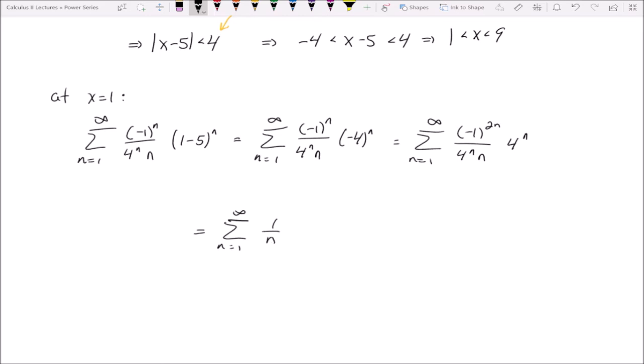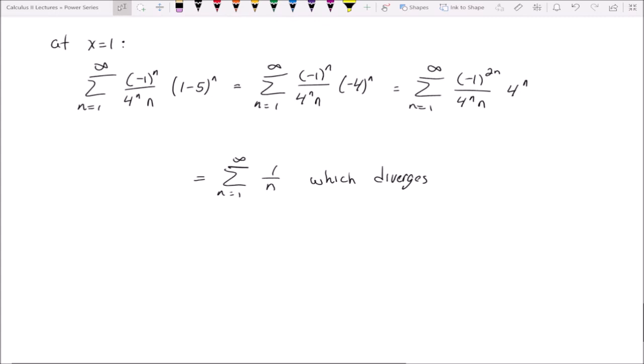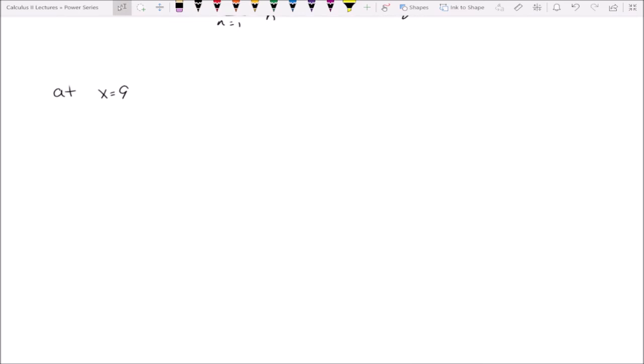Once everything's simplified, we get the series n equals 1 to infinity of 1 over n, which diverges because it's the harmonic series. So the series diverges at x equals 1. Well, we do the same thing, we look at x equals 9.